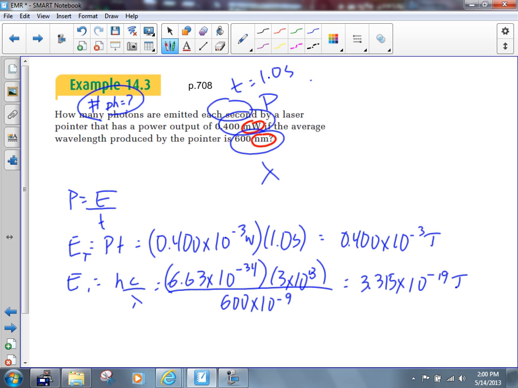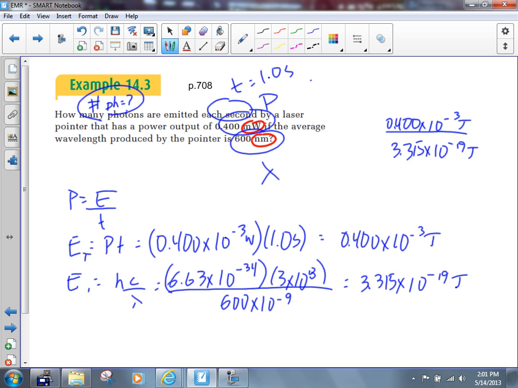Now that we have the energy for one photon, and now that we have the total amount of energy, how are we going to find the number of photons? You guys know this. We haven't done this with photons before, but we've done it with electrons. How are you going to get the number of anything when you have a total and you have the something for one? Yeah, divide the two. Let's go 0.400 times 10 to the minus 3 joules divided by 3.315 times 10 to the minus 19 joules.